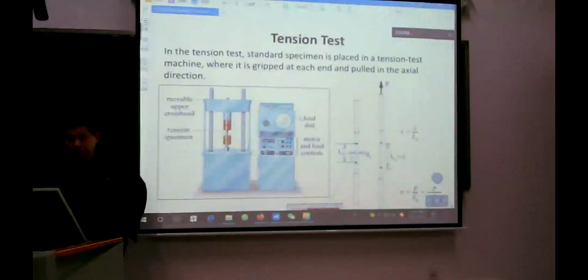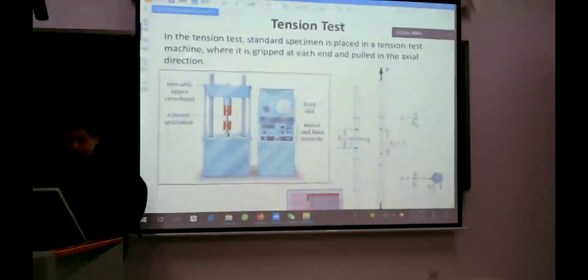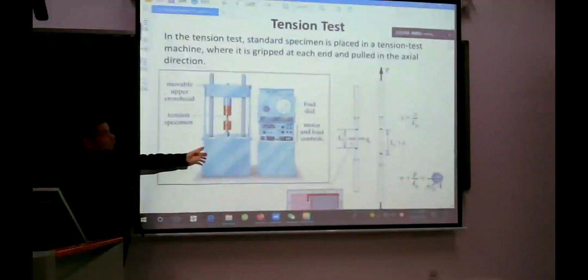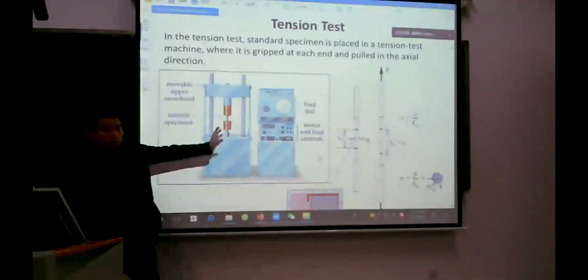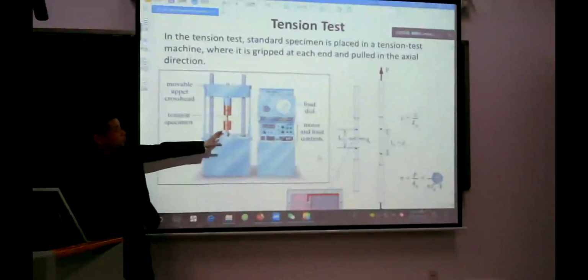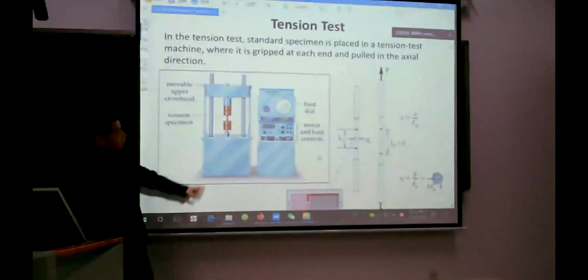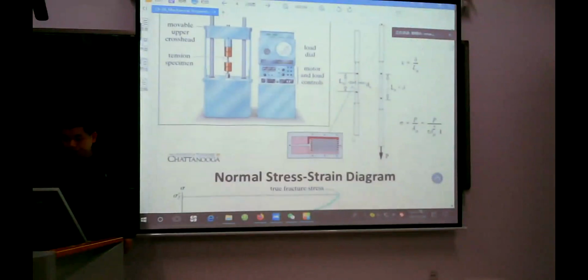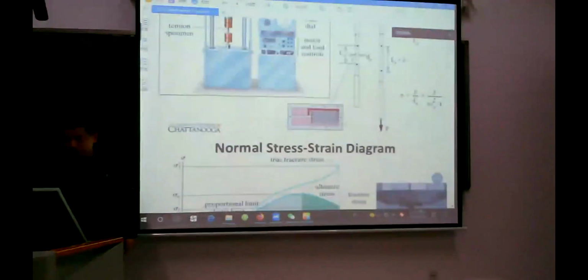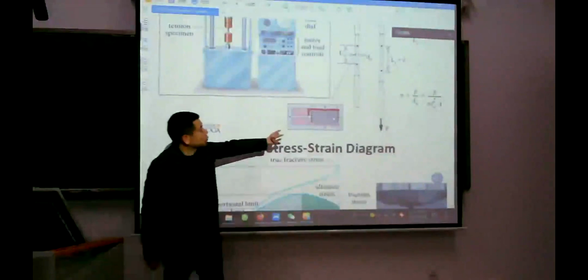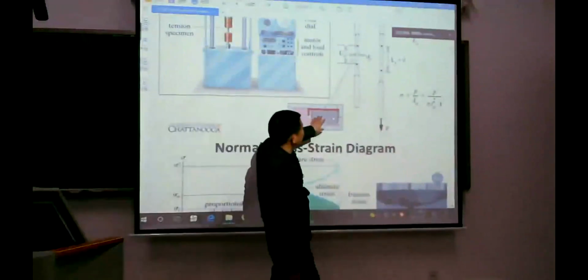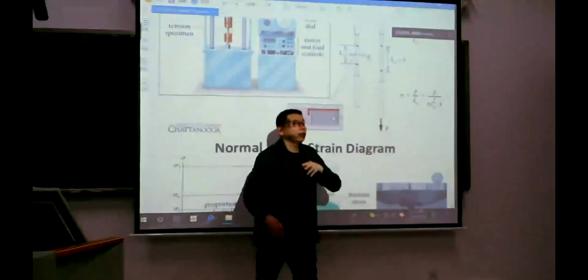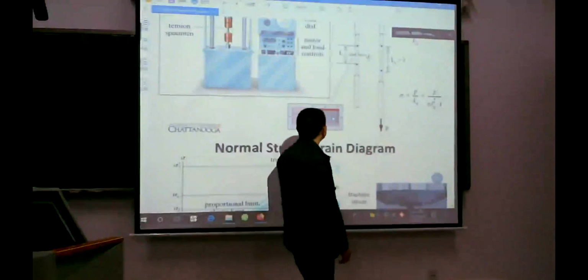Here is the test machine. We put the test specimen on the machine, then add the load, put the load on the specimen. Here is the gauge to get the deformation of the specimen.